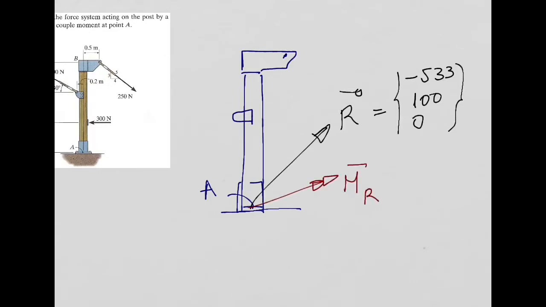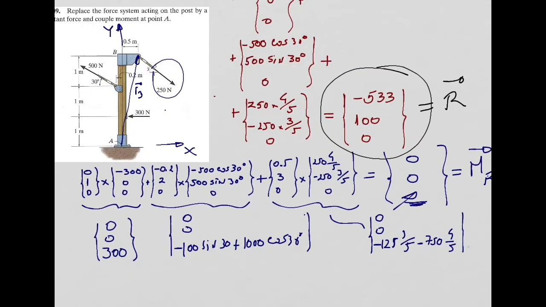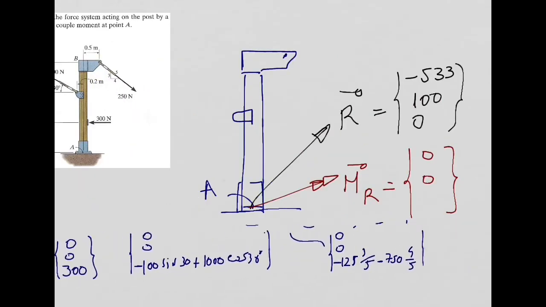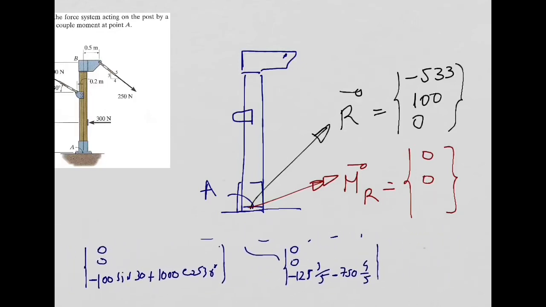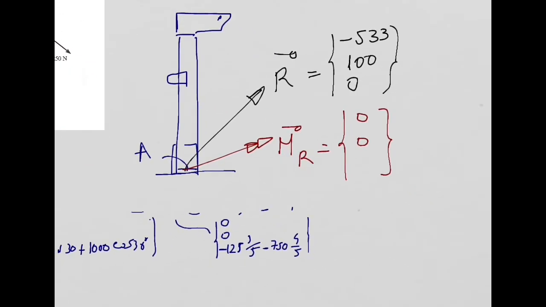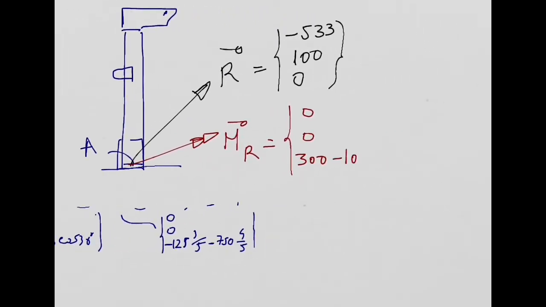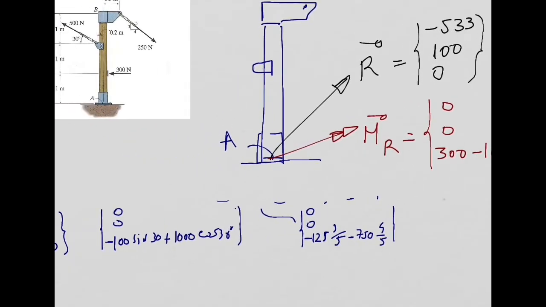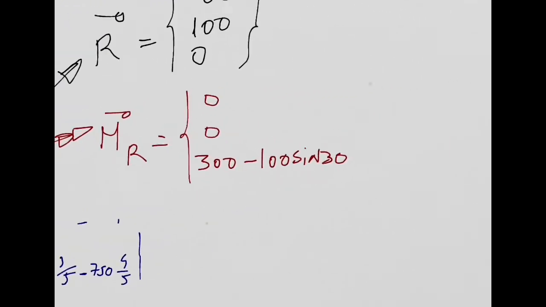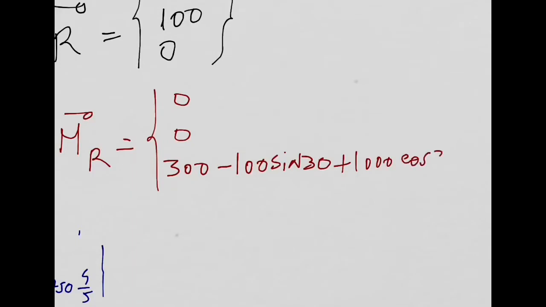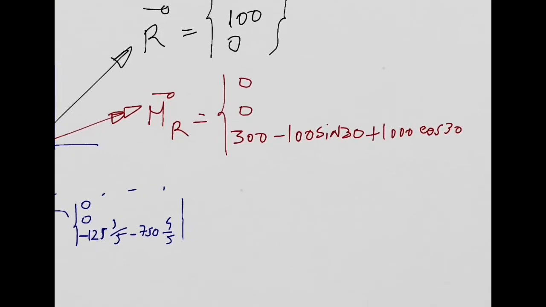And you will have a resultant for the moment, which is going to be 0, 0, and the z component is equal to 300 minus 100 sine of 30 plus 1000 cosine of 30 minus 125 times 3 over 5, minus 750 times 4 over 5.